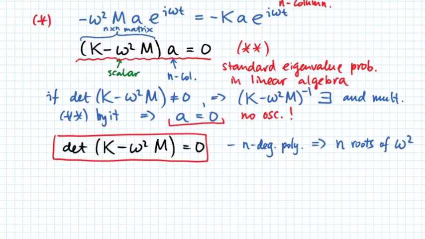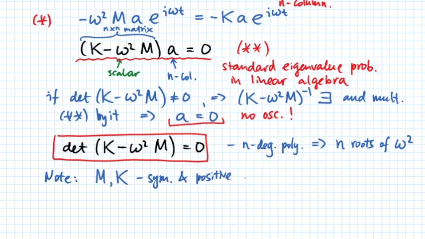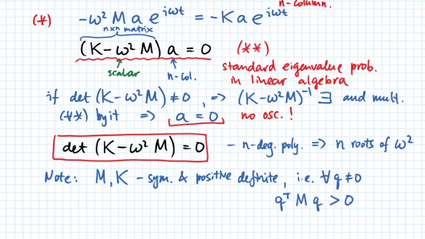Couple of things to note. We can prove that matrices M and K are both symmetric and positive definite, which means that for any non-zero vector Q, Q transposed times matrix M times Q will give us a positive quantity, a scalar.